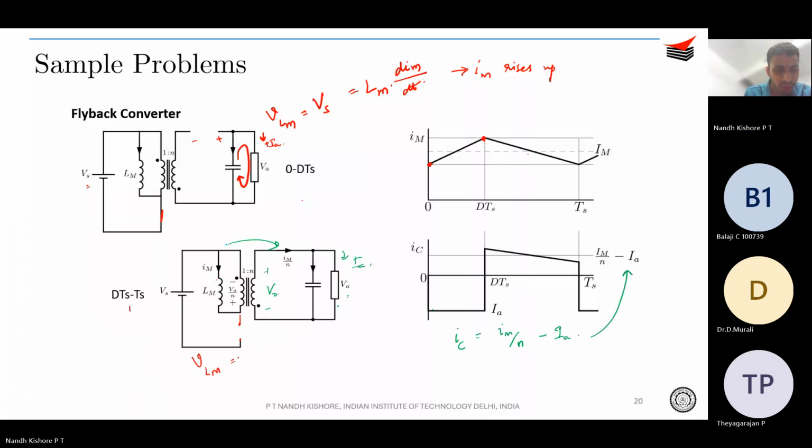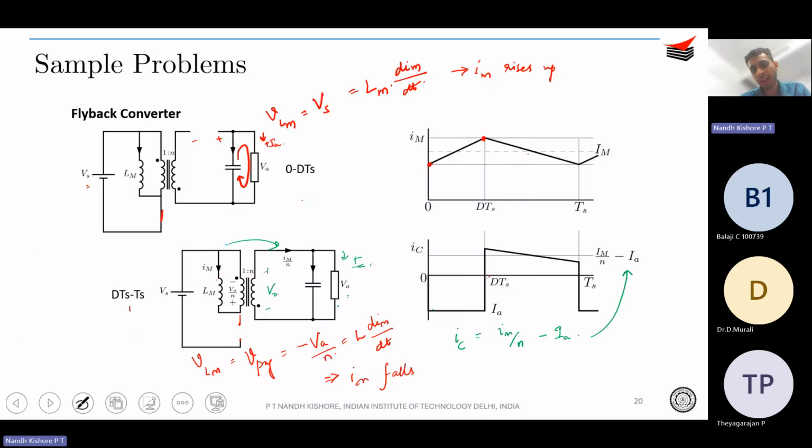VLM is equal to your V primary, which is equal to minus Va over N. Since the voltage is negative, that is minus Va over N is negative, therefore you see that L dIm/dt is negative, therefore Im falls.